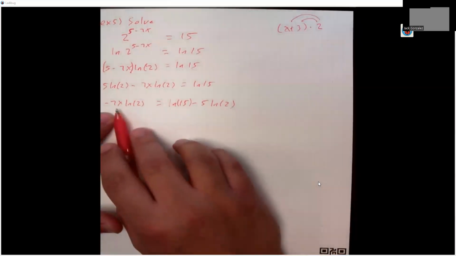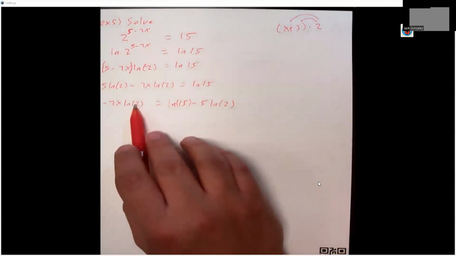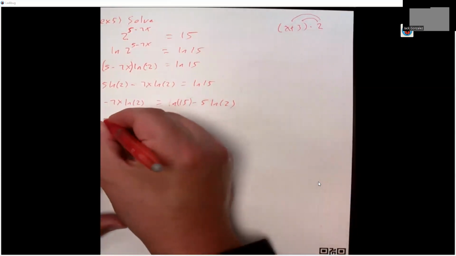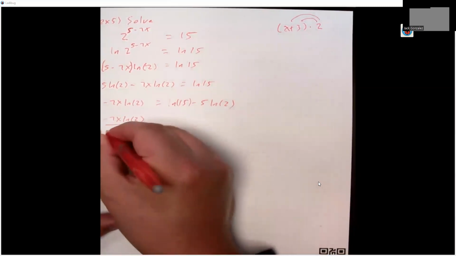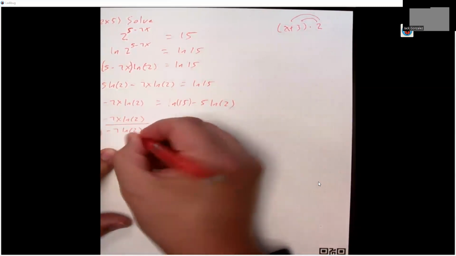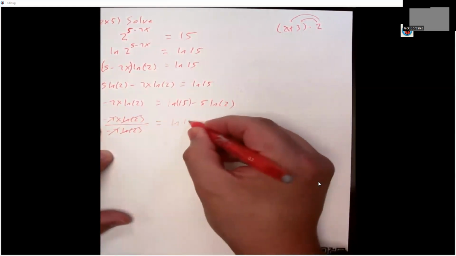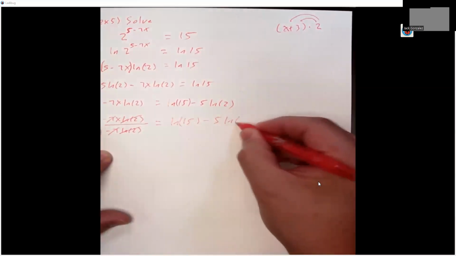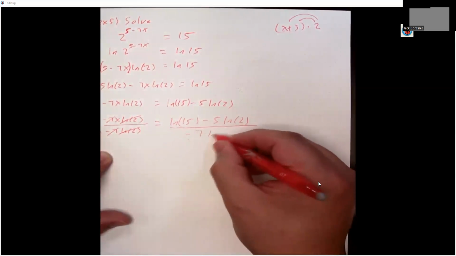All right, so there's a -7 and ln2 on the x, so just divide by these two numbers. Don't let that bother you. All right, so we're dividing by the -7 ln2, because I want that to cancel to isolate x. This side will have -7 ln2.